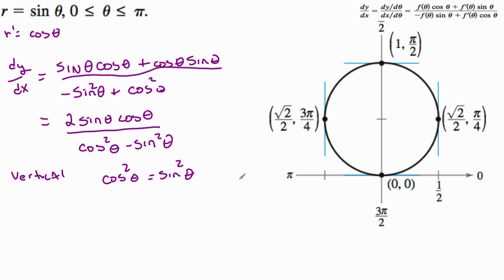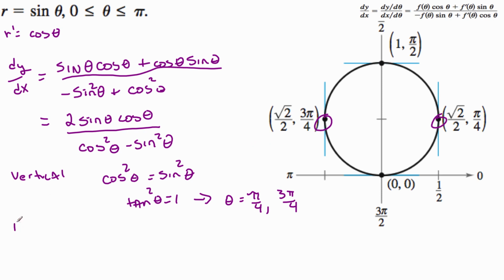So this is where tan squared theta equals 1. Well, that's when theta is pi over 4 and 3 pi over 4. So there are our vertical tangents.